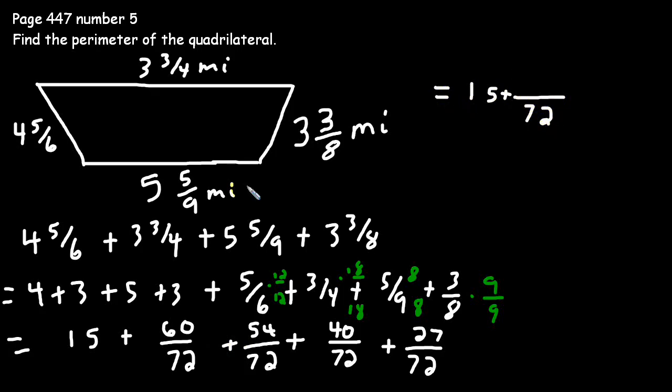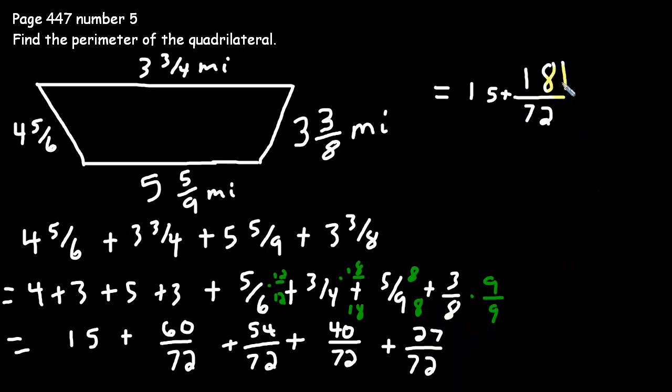If we take 60 plus 54, that's going to be 114. And then if I add 40 more to that, that'd be 154. And then if I add 27, that would give me 181 over 72.